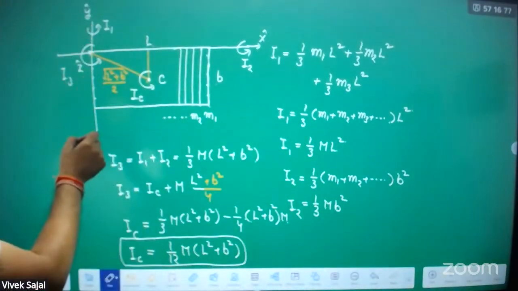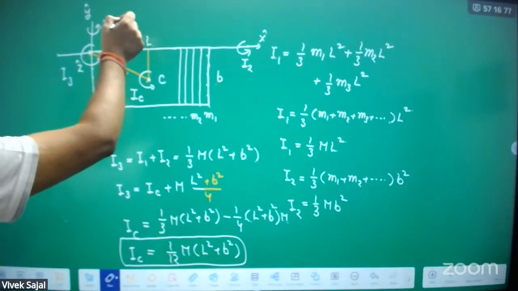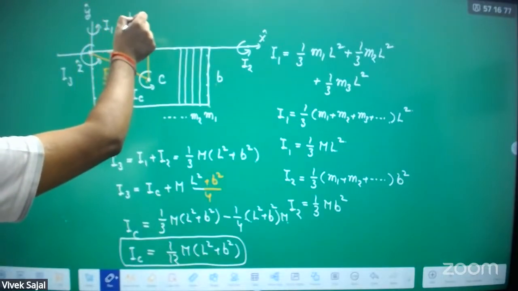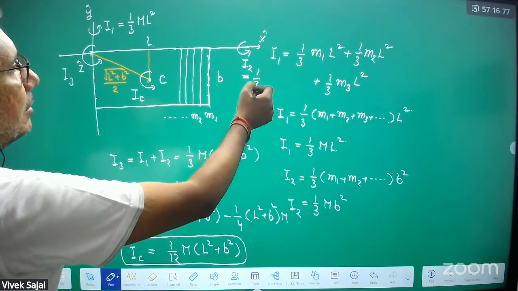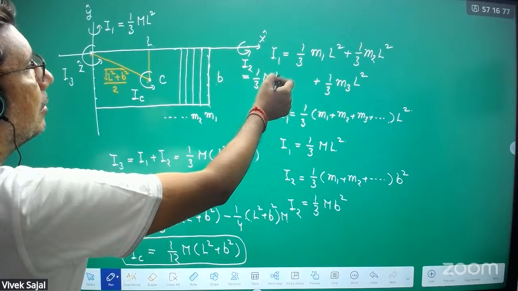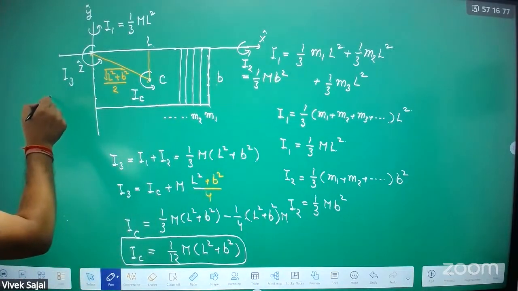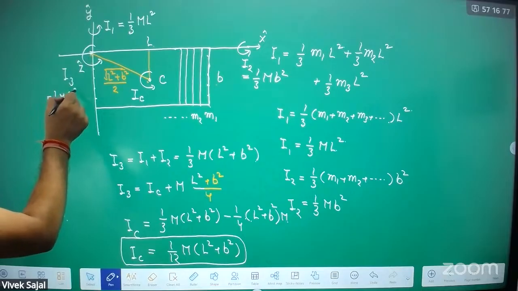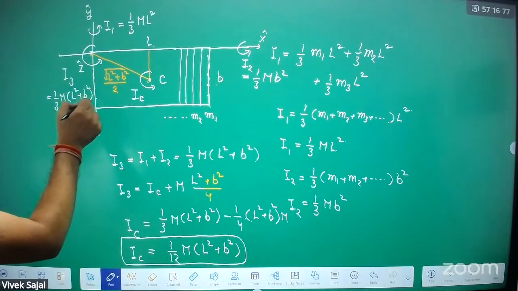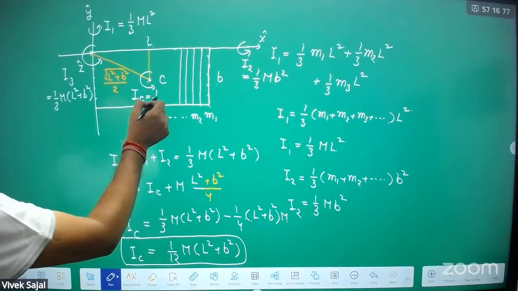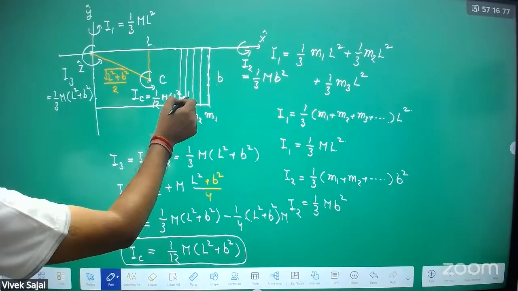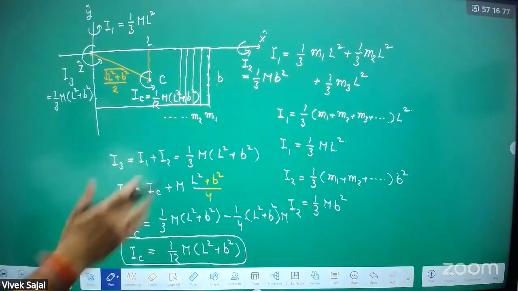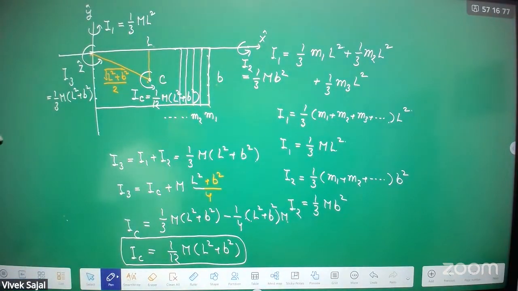About this axis, it will be 1 by 3 m L square. About this other axis, this will be 1 by 3 m B square. This I3 will be 1 by 3 m L square plus B square. And this will be 1 by 12 m L square plus B square. So these are the moments of inertia for this rectangular plate.